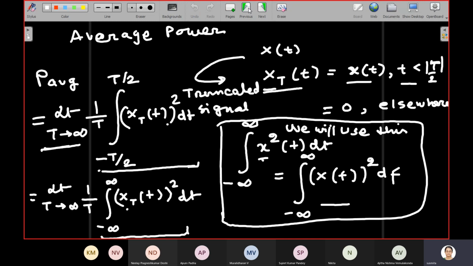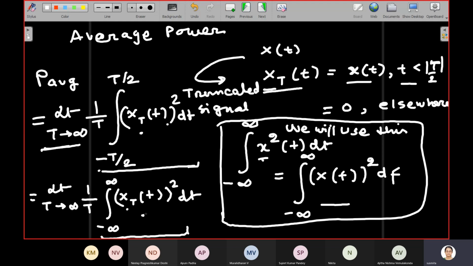Okay. Now we know that this is the same as this one. And here in the integration, we don't have any infinity or anything. So the integration actually holds. When we are integrating from minus T by 2 to plus T by 2, it actually holds, right? The integration exists.